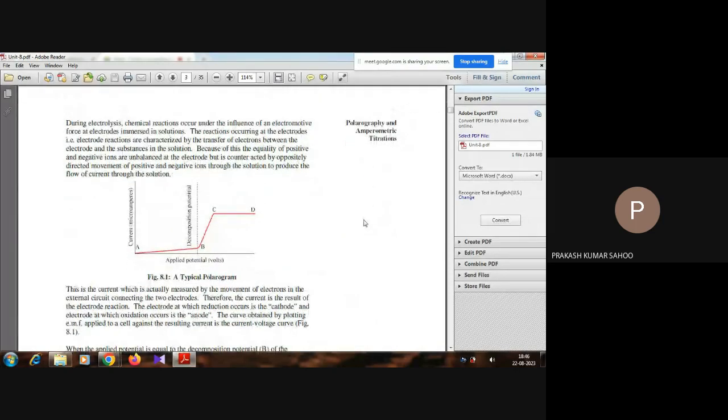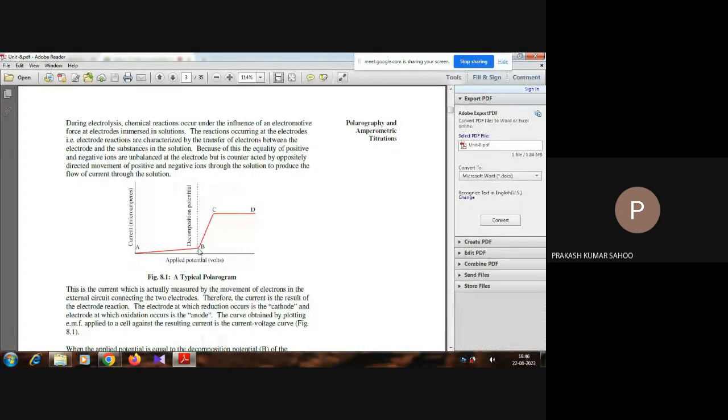Then we have the same concept, the applied potential versus current plot, and the plot is like this: initially when the potential rises, the current slowly increases, and at one point the current suddenly increases, and again it remains constant with the applied potential.